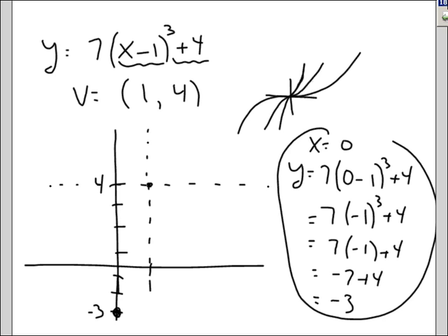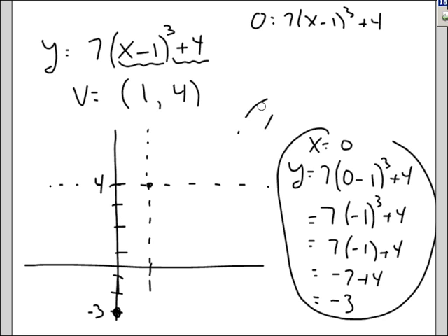Well, y is 0. 0 is 7 times (x minus 1) cubed plus 4. Bring the 4 to the other side as -4. You get -4 is 7 times (x minus 1) cubed. Divide by 7.